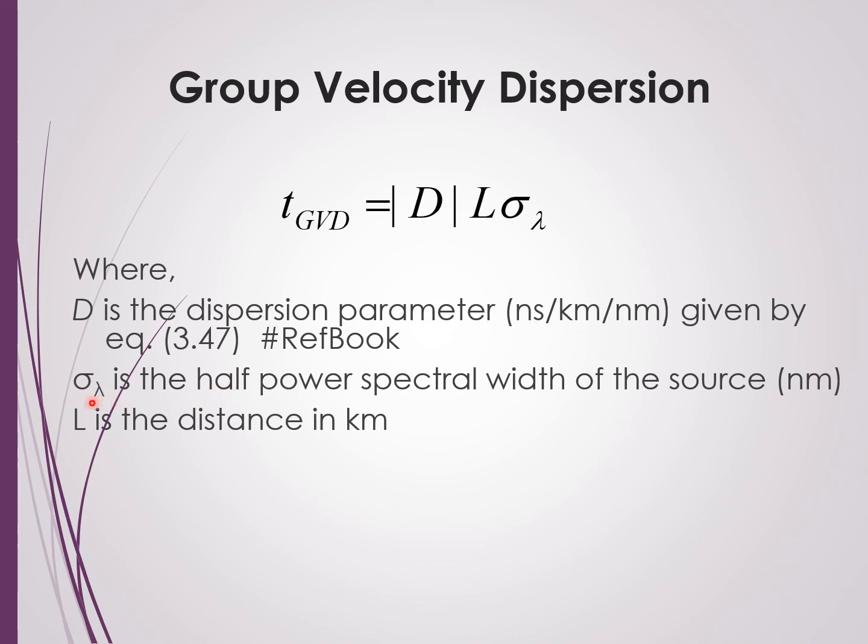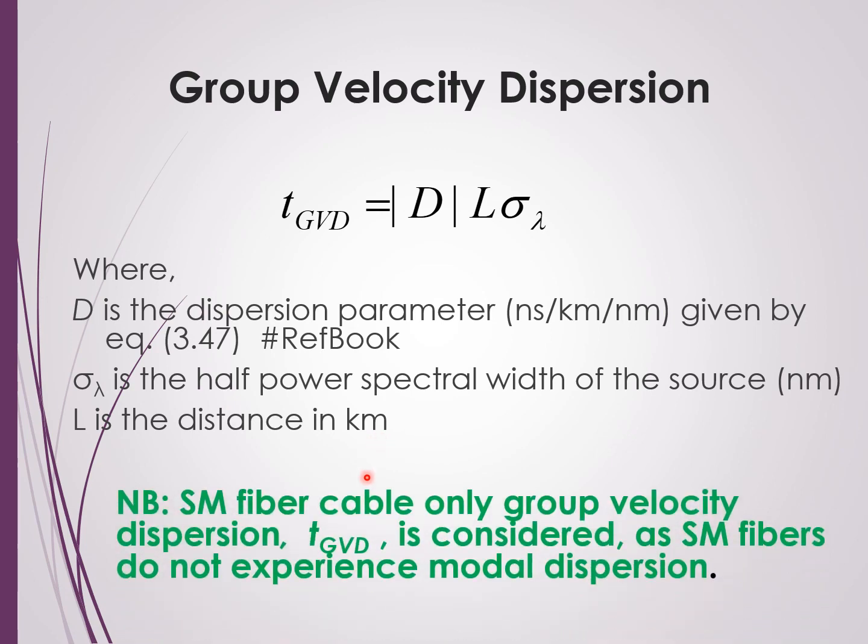Sigma lambda is the half power spectral width of the source, and the unit must be in nanometers. L is the distance, in kilometers. For single mode fiber, only group velocity dispersion is considered because single mode fiber does not experience modal dispersion.